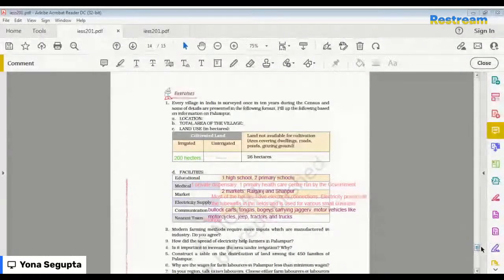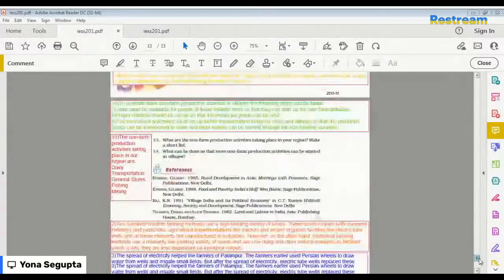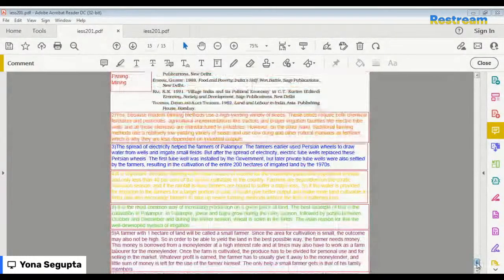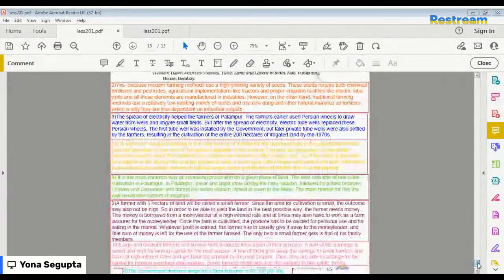This is the first answer. Number two answers, all the answers, you can see the numbering 2, 3, 4. Then I have not written number 5 because it had to construct a table and I don't have place here. I've already shown you how to do the table, right?